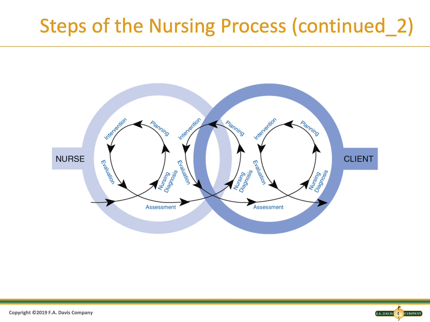And this is just a diagram showing the steps of the nursing process and how it's interconnected with the patient, and the nurse is continuously using critical thinking skills and the decision-making process to set new goals for the patient.